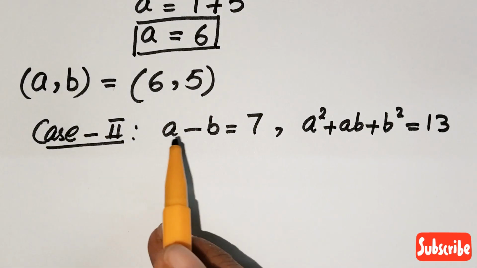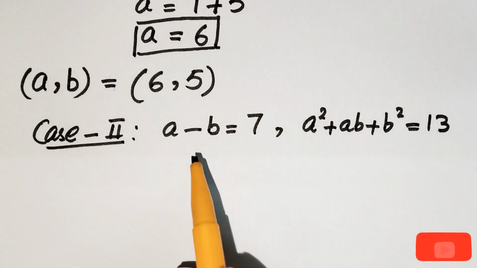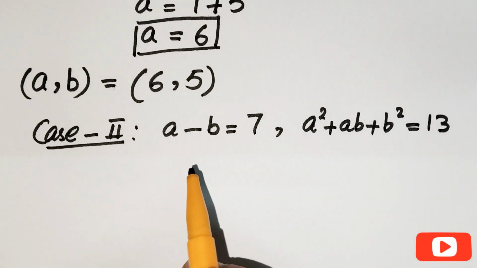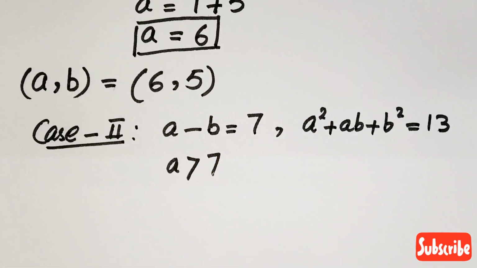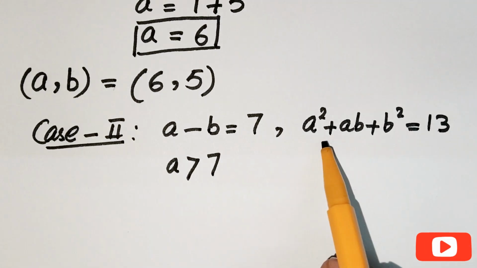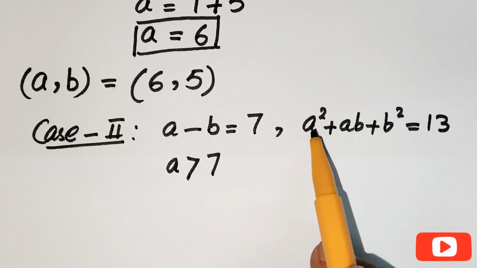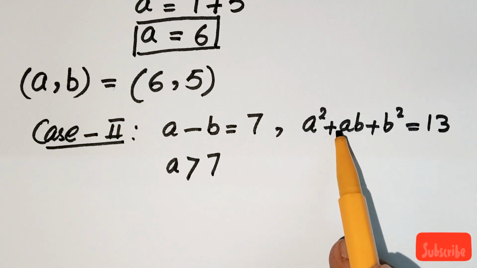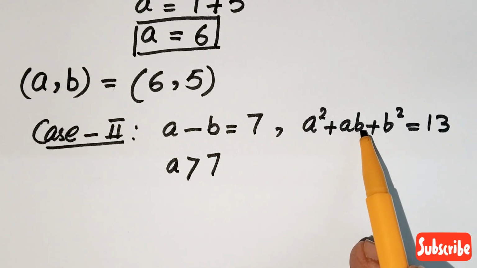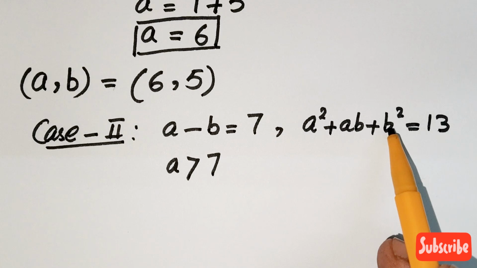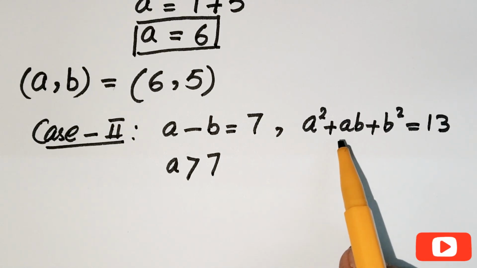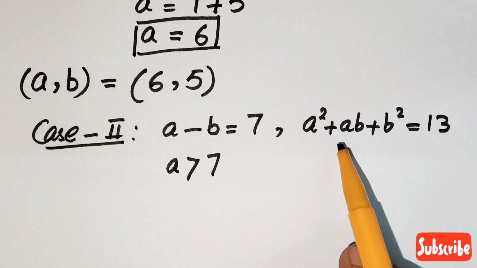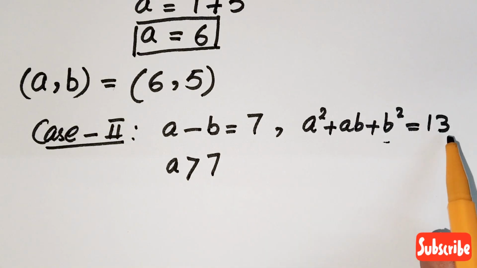When we see this a minus b, let us consider that for any positive integer value of b, the value of a will be greater than 7. So when a is greater than 7, and we put this value of a in this equation, we get a squared, which is 7 squared, plus 7 times some positive integer b, and we will find that this side is always greater than 13.